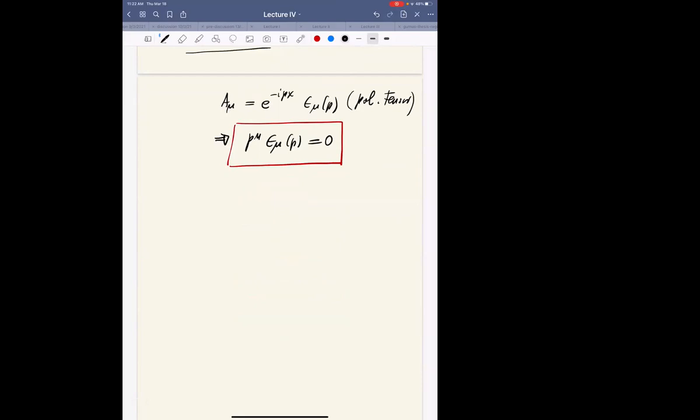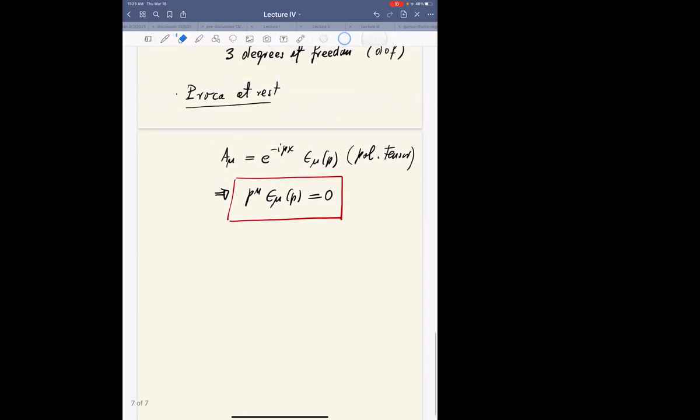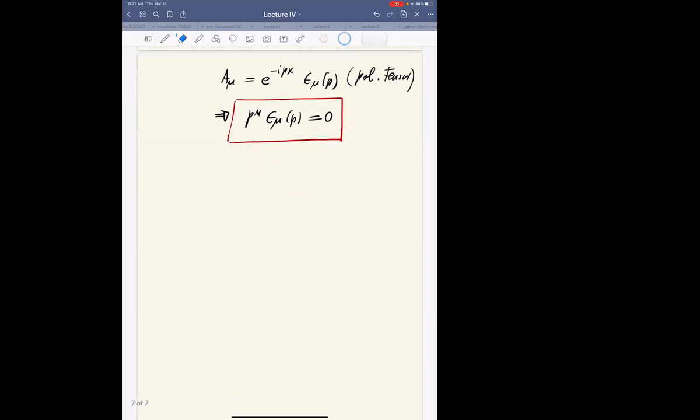Now, what happens when I go at rest? When I go at rest, I have only rotations to worry about. There are only rotations of the spin 1.